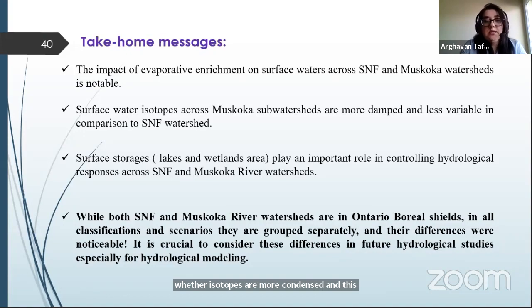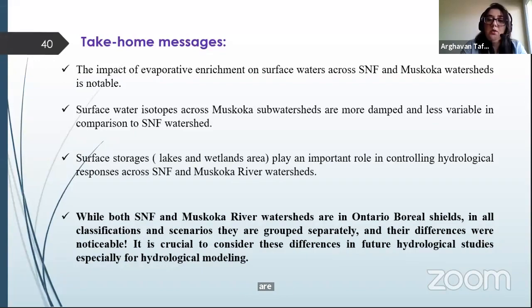Surface storages, lakes and wetland area, play an important role in controlling hydrologic responses across SNF and Muskoka, and also in the differences that we can see between SNF and Muskoka. Finally, while both SNF and Muskoka River watersheds are in the Ontario Boreal Shield, in all classifications and scenarios, they are grouped separately, and their differences were noticeable. So it is crucial to consider these differences in future hydrologic studies, especially for hydrologic modeling.